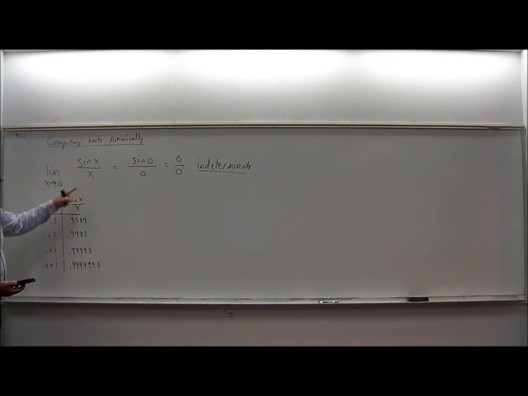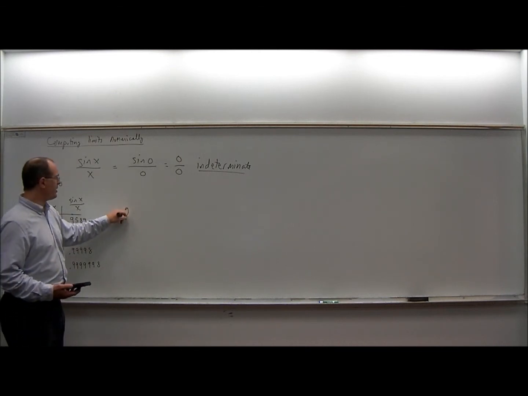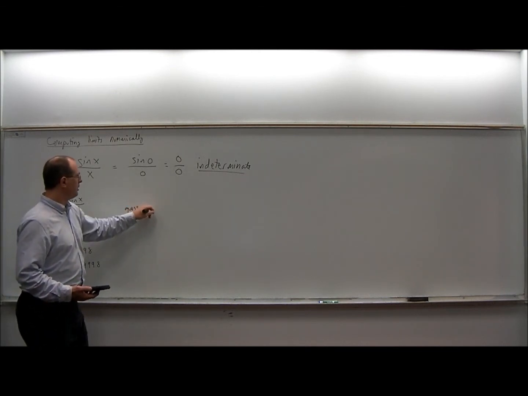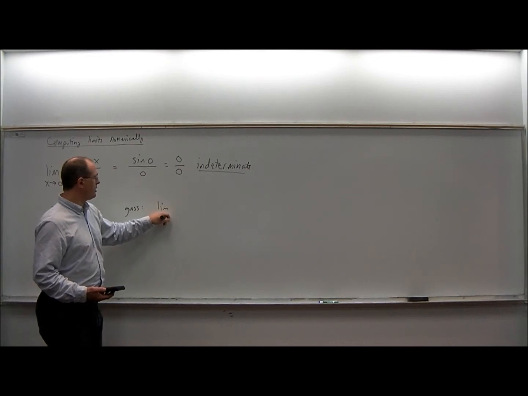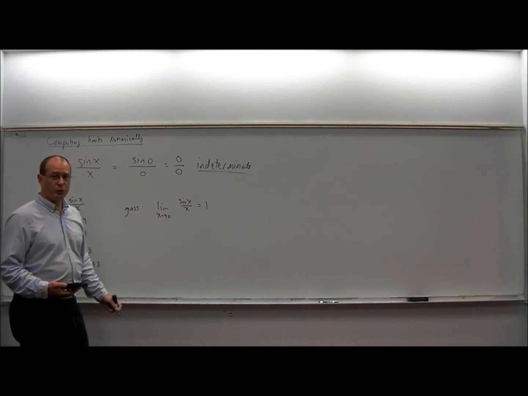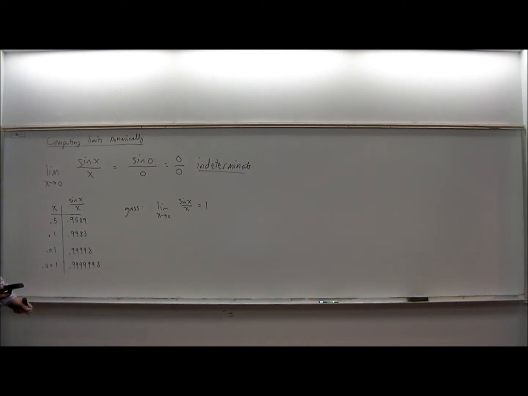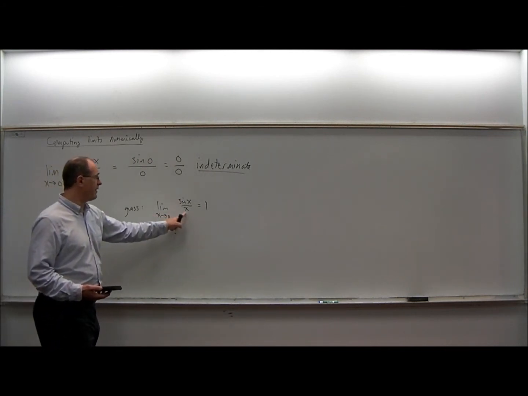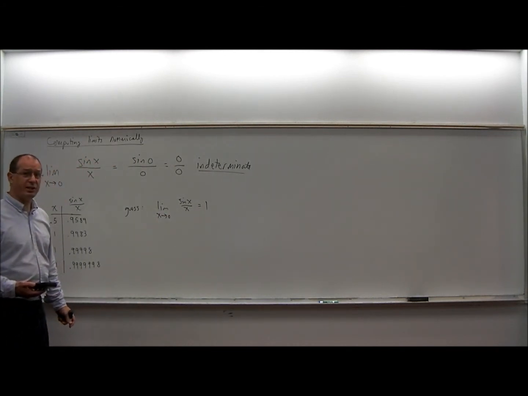So it appears numerically that as x gets closer to 0, the function sine of x divided by x is getting closer and closer to 1. So I will guess that the limit as x approaches 0 of sine x over x is equal to 1. Technically, that is just a guess. More sophisticated methods are necessary to actually verify that that is indeed correct.